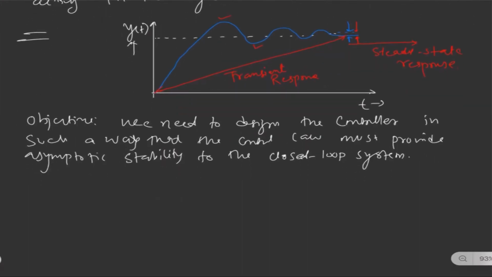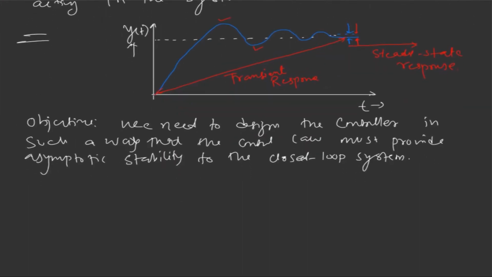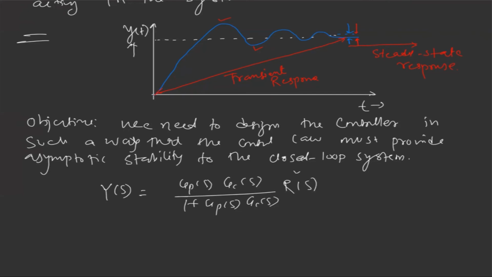If you refer to the transfer function which relates the reference signal and the actual output, we had Y of s equals Gp of s Gc of s over 1 plus Gp of s Gc of s, times R of s. R of s is the reference signal and Y of s is the actual output from the system.